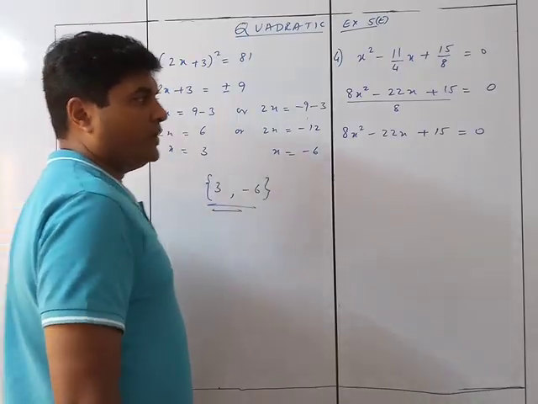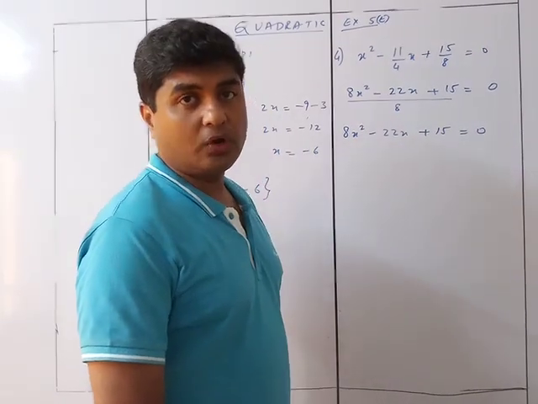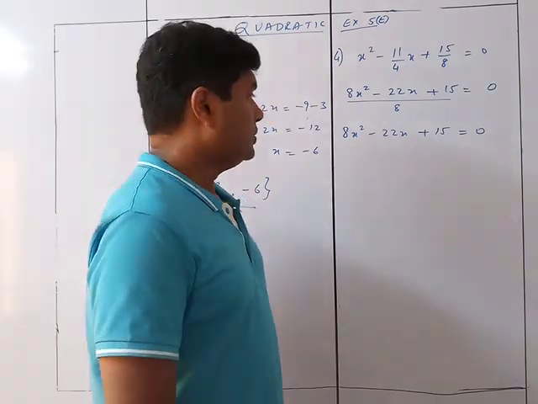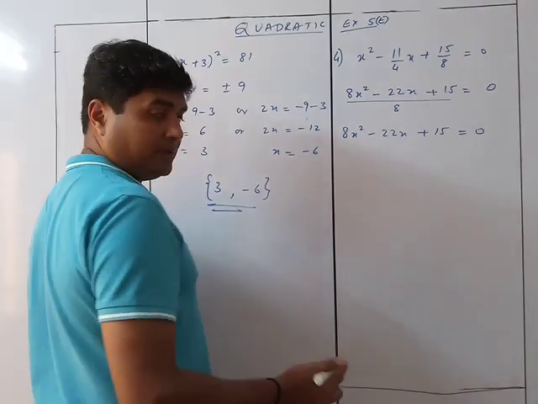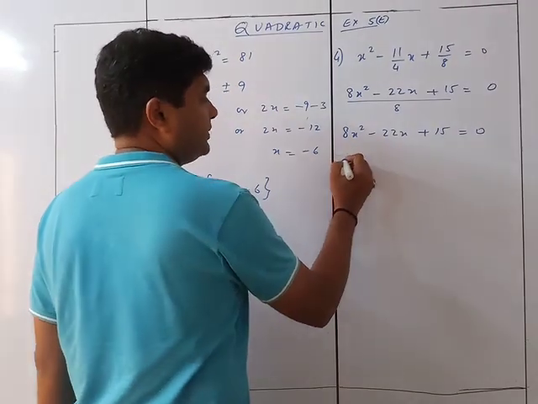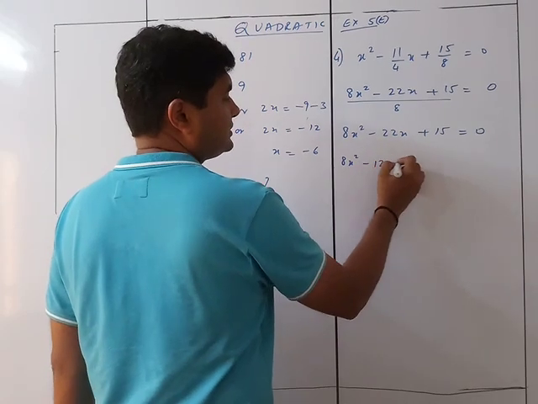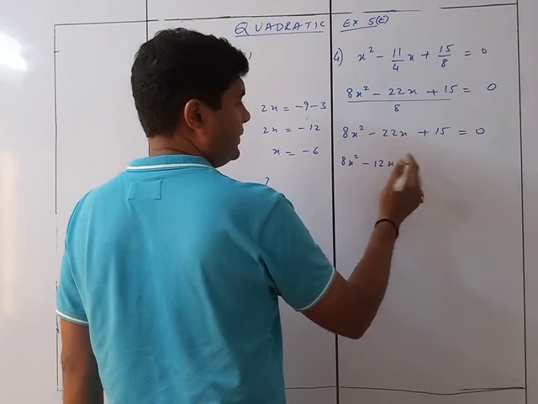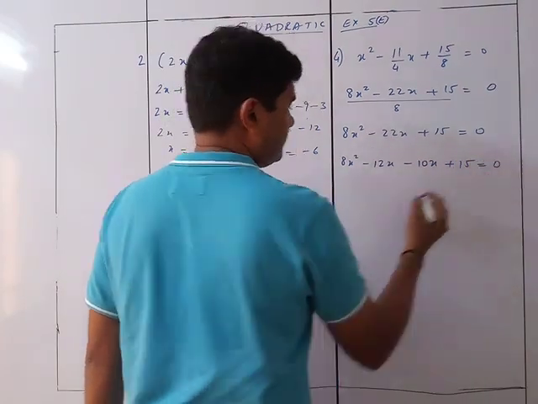Since we don't know whether this is an exercise regarding the formula method or splitting, we can always try the splitting first because it's much easier. So 15 into 8 is 120 and this is 22, yeah, so I can get the splitting. So it will be 8x square minus 12x minus 10x plus 15 is equal to 0.